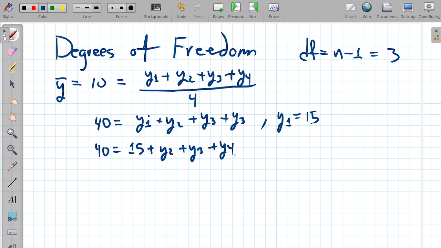Which of course we can simplify by moving the 15 to the left-hand side. So now we have 25 is equal to y sub 2, y sub 3, and y sub 4. Again, now I'm free to choose any 3 numbers that add to 25, along with the 15 I had earlier, and I'll still get an average of 10.